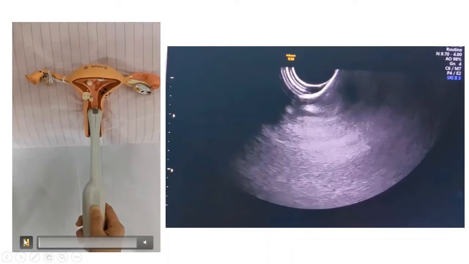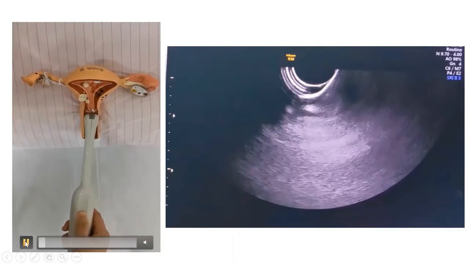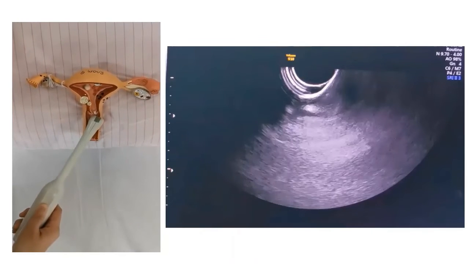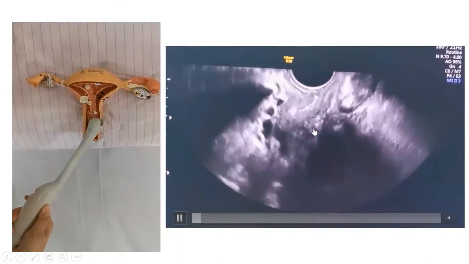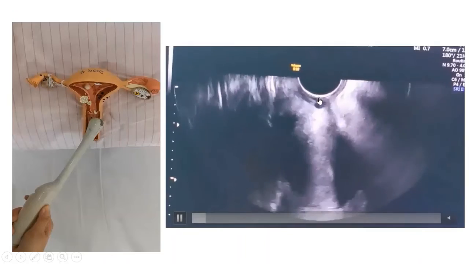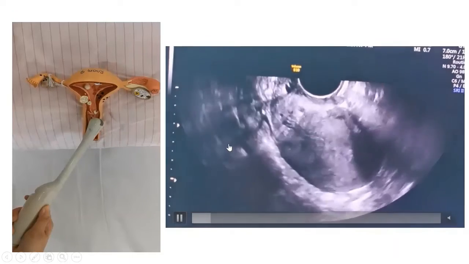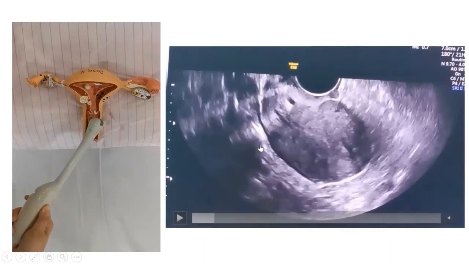So as you go in, always go to the lateral. All right. So go in. This is the cervix. This is the uterus. Okay. So this is the cervix and this is the endometrial lining and this is the uterus.